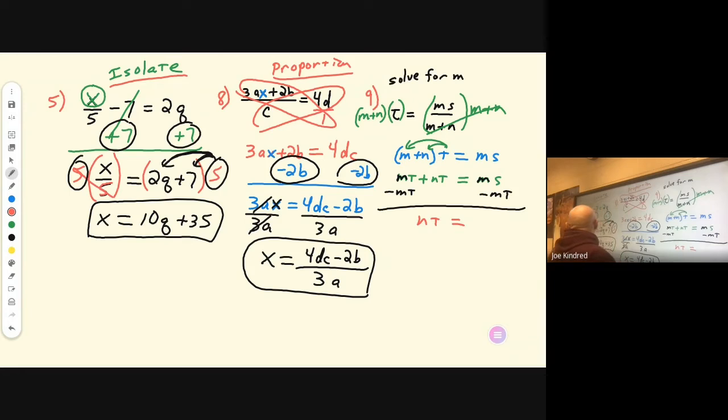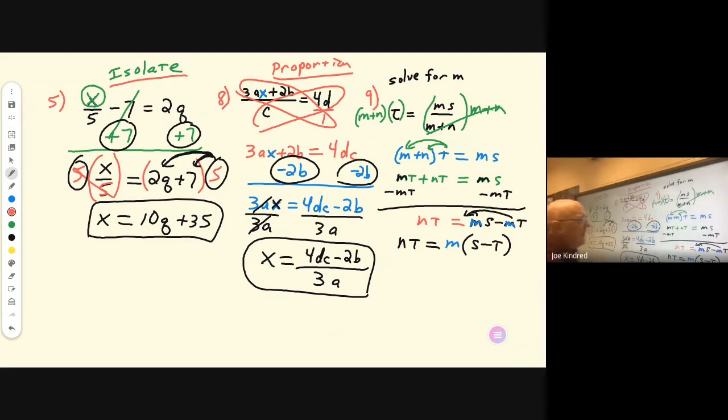And on the other side, I still have the MS minus the MT. This is where we're going to utilize what we learned a couple days ago. We're going to factor out an M. So NT is equal to, I'm going to factor out an M, bring it out, and I get M times what's left, the S minus the T. And then finally, my last step.